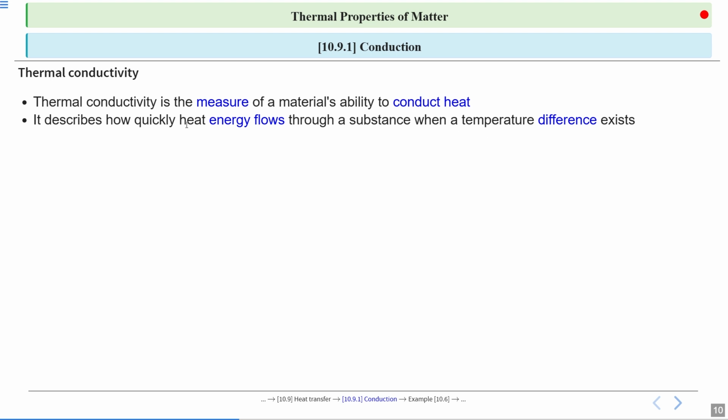So suppose we have a metallic rod and there are two ends. Let's consider A end and B end, and the temperature difference between A and B end is suppose 10 degrees Celsius. So thermal conductivity tells us about how heat energy flows from A point to B point.